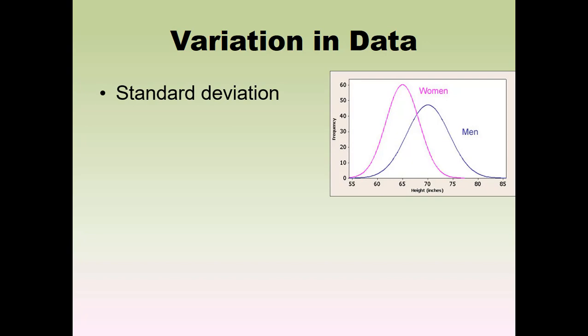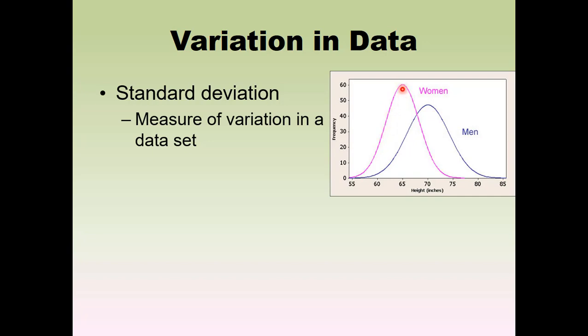So to present an understanding of how much variation is in the data set, we use what's called a standard deviation. Standard deviation is simply a measure of variation in the data set. So it's going to tell us, like here we're taking a look at graphs of the average height of individuals, whether they are male or female.